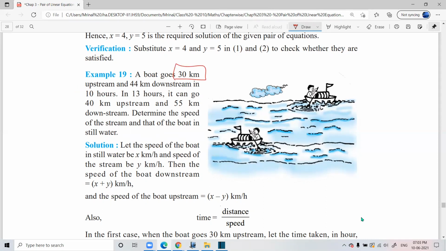The boat goes 30 kilometers upstream and 44 kilometers downstream in 10 hours. To do this much work, 30 kilometers up and then 44 kilometers down, it took 10 hours for this guy, let's say. He went uphill, took some wood and came back.